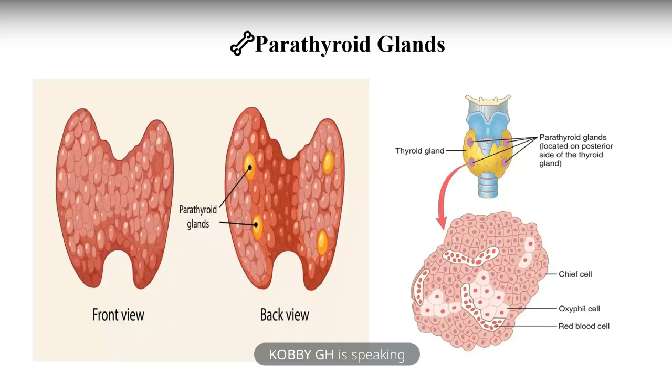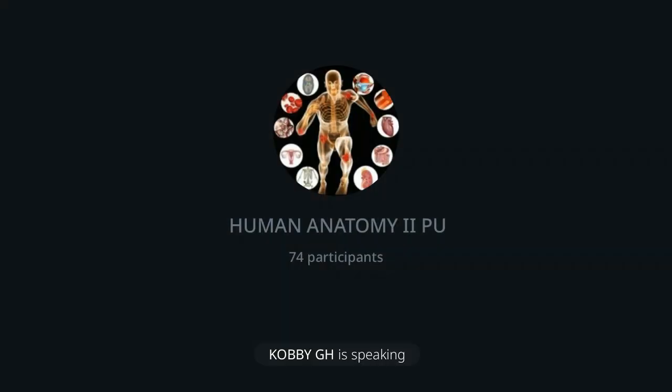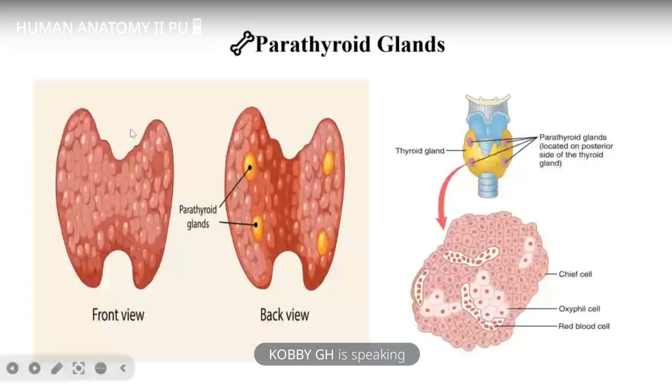You don't see them in the front view, but at the back of the thyroid gland is where we have the parathyroid glands. So they are located behind the thyroid gland.